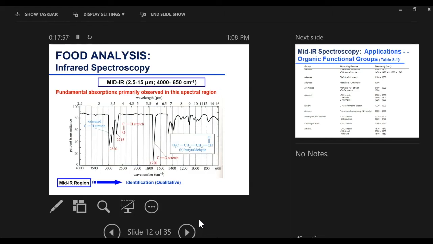So it's very characteristic of this compound. It's a powerful identification tool that we can use to identify different compounds. You can use it as a qualitative measure.